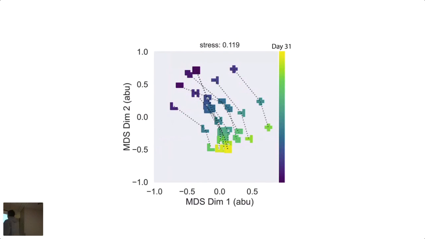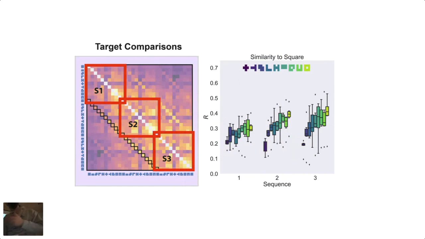Visually speaking, we still get certain shapes that are very deformed compared to a lot of others. They're very different. So the cross, again, is very distinct. And then certain shapes also seem more similar to each other, and we recover that drift, that temporal evolution effect still. So what about when we apply these targeted comparisons?